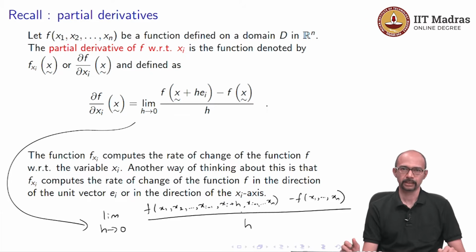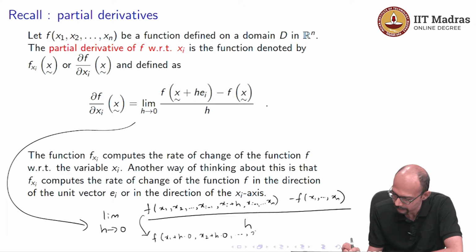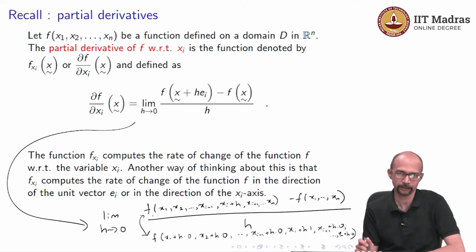We can rewrite this as f of x1 plus h times 0, x2 plus h times 0, and so on, xi minus 1 plus h times 0, xi plus h times 1, and then xi plus 1 plus h times 0, and all the way up to xn plus h times 0. That is how we get this expression f of x1, x2, ..., xi minus 1, xi plus h, xi plus 1, ..., xn.